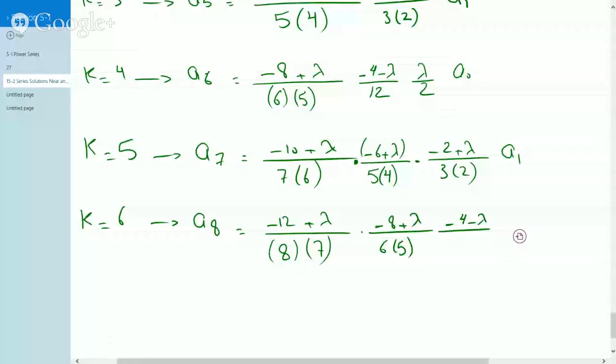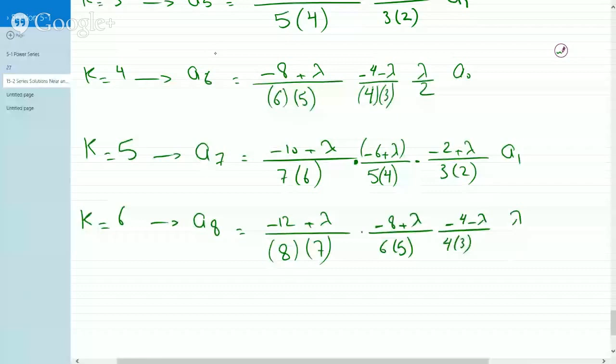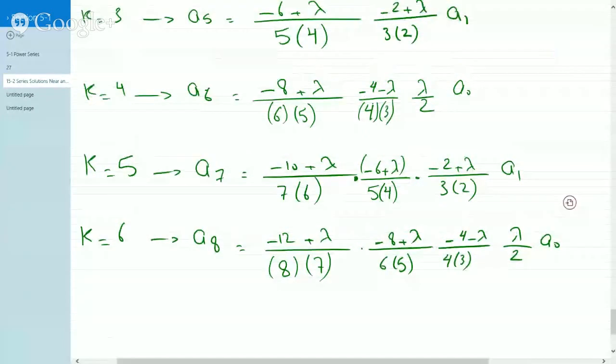Minus 4 plus lambda over 12. Where did the 12 come from? Oh, that's 4 times 3. Let's write this as 4 times 3 times lambda over 2 a0. And we could keep on going as such.